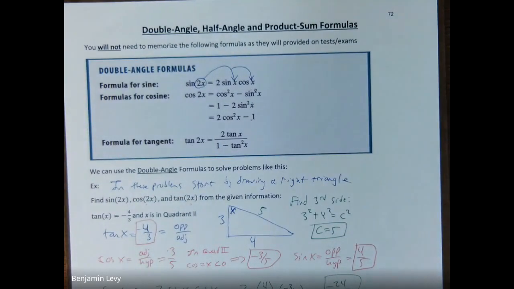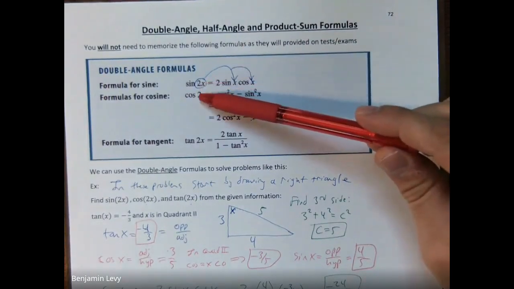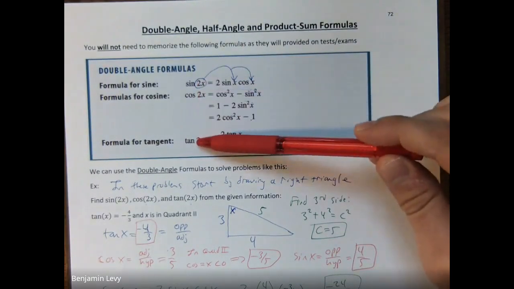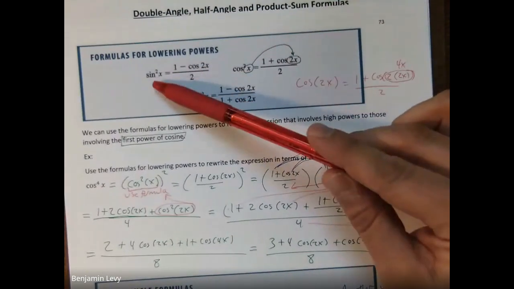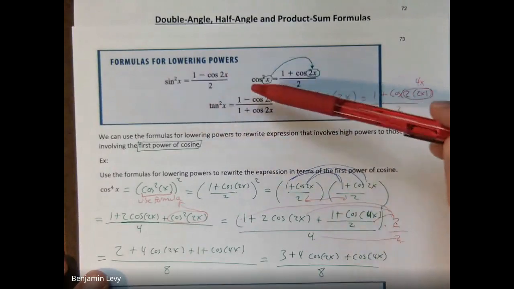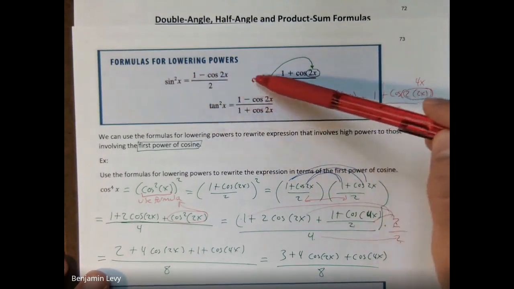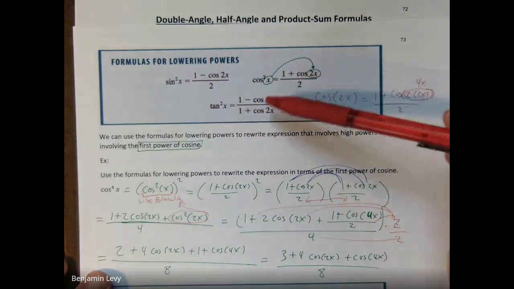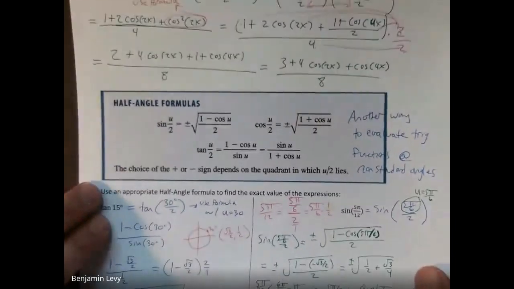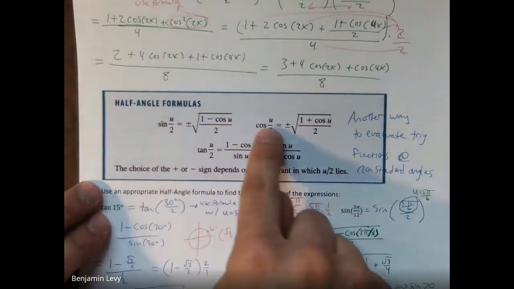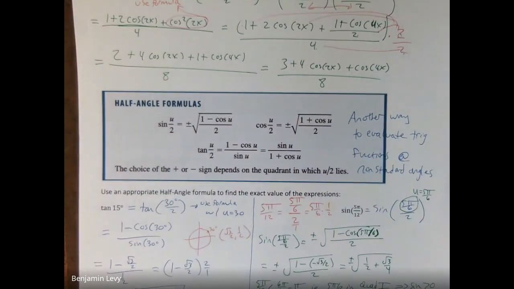The first set of formulas is what to do when you have 2 times something inside a sine, cosine, or tangent. Page 73 talks about how you can take cosine, sine, or tangent that have powers and make them powers of 1. So if you want to lower the powers on your trig functions, you would use that formula. And then the third set of formulas tells us what to do with something divided by 2.